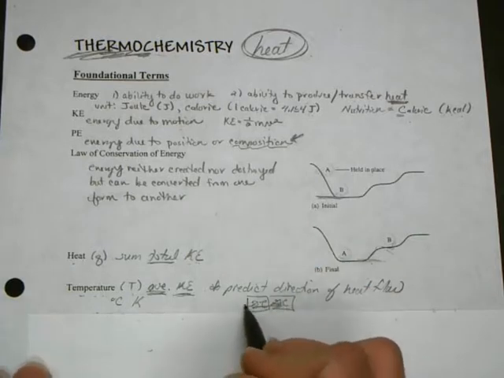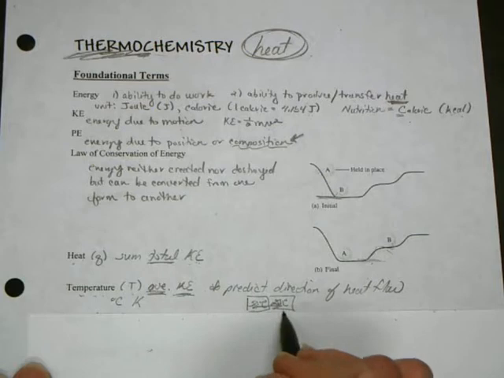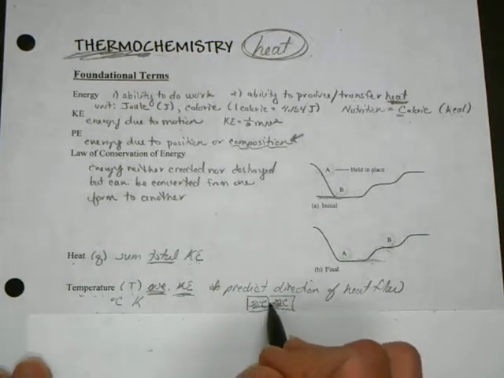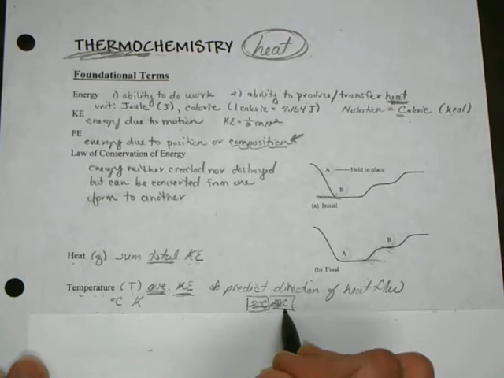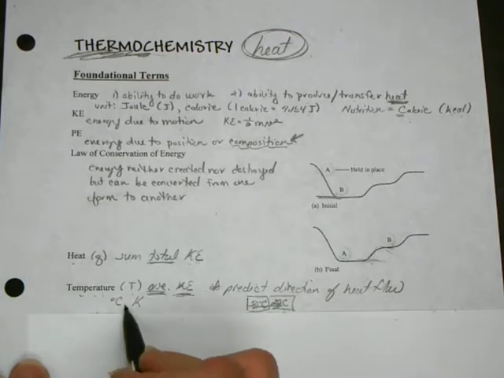Now, depending upon the quantity of your two samples and what the sample is, that will dictate what the final temperature of the entire mixture will be. But temperature truly exists to be able to predict the direction of heat flow.